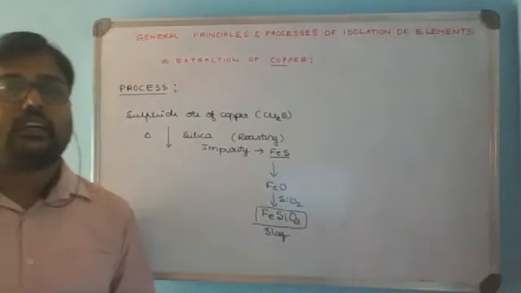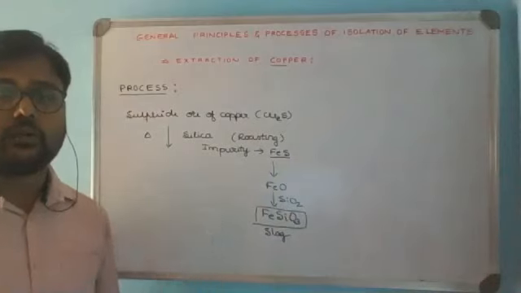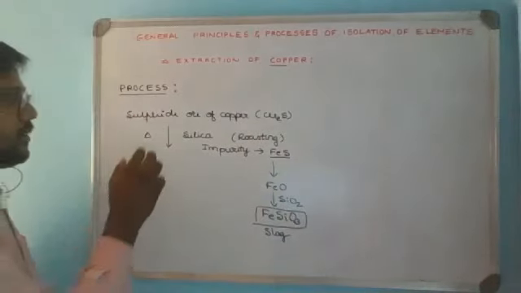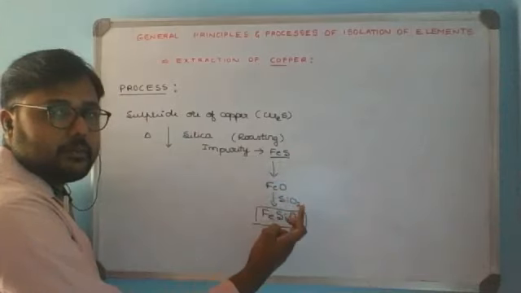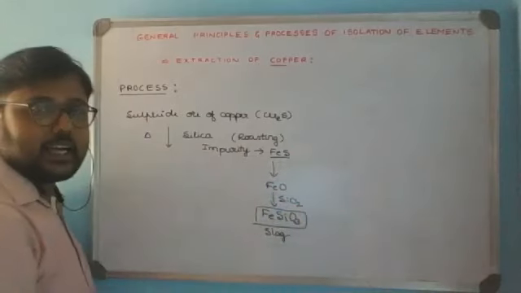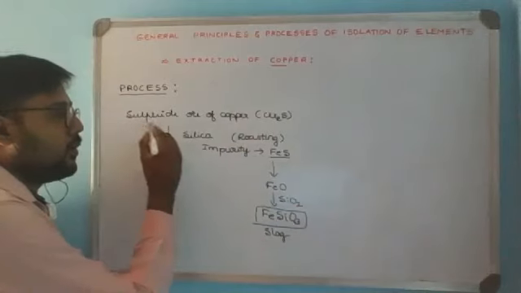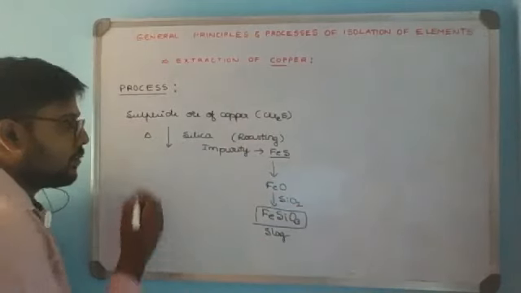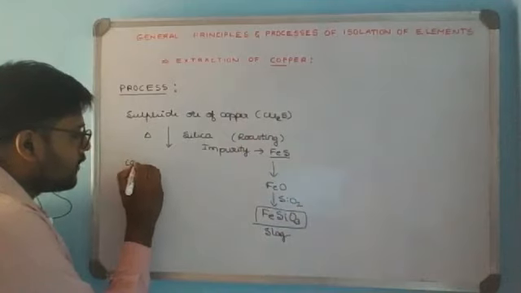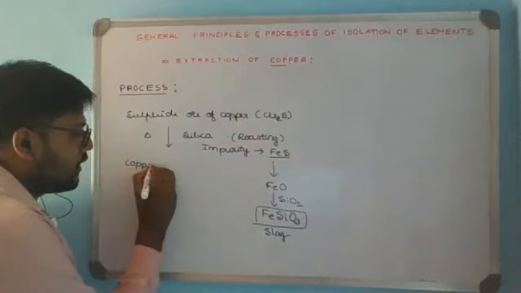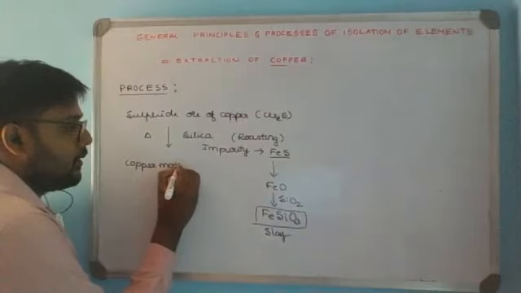So during the heating of the sulfide ore of copper, the impurity FeS gets oxidized to FeO and combines with silica to form the slag, iron silicate. And the ore in which the copper is present is obtained in the form of a specific composition, copper matte.